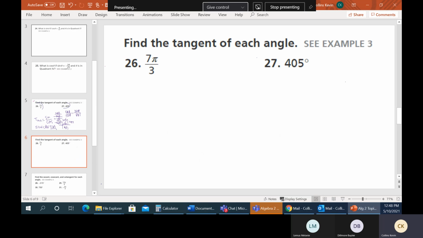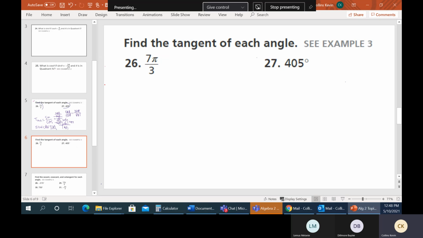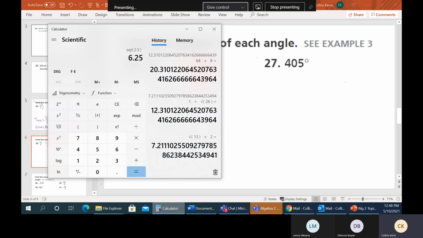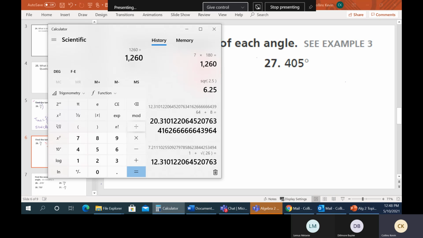Okay, so first things first, let's switch this guy into degree mode because it's just easier to deal with, right? So let's go ahead and do that. All right, so if we do degrees on this, this would be 7 times 180 over 3. Okay, so then we break out our calculator and we go 7 times 180 and then divided by 3.